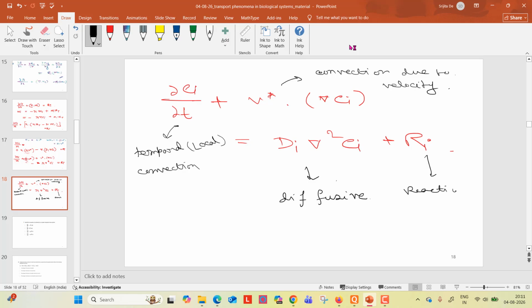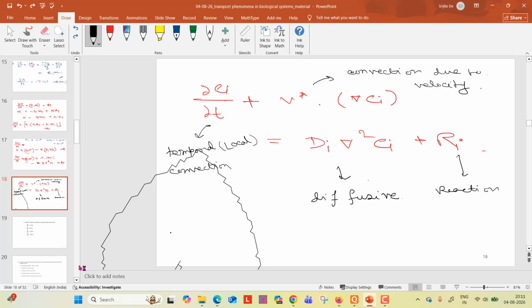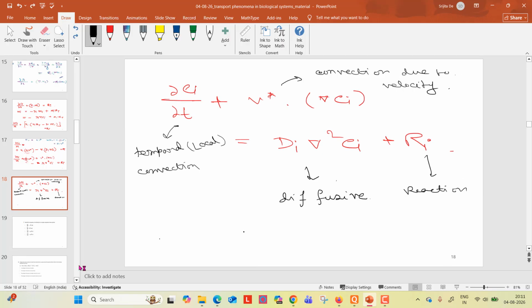So this total equation is your convection, diffusion, reaction equation. Okay, this you can remember.